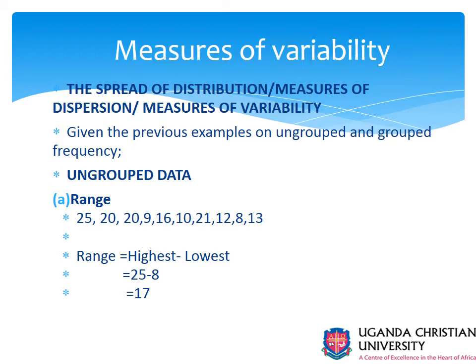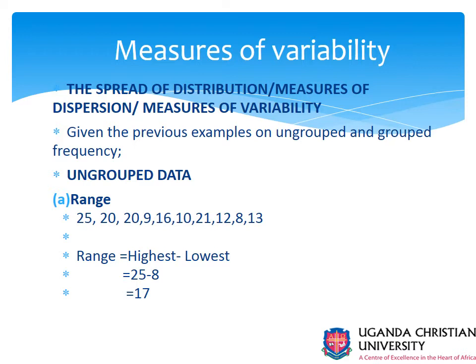For example, we have the range, the mean deviation, the variance, the standard deviation, the coefficient of variation, and the z-scores. All these measure variability of observations from the measures of central tendency, or from the mean.